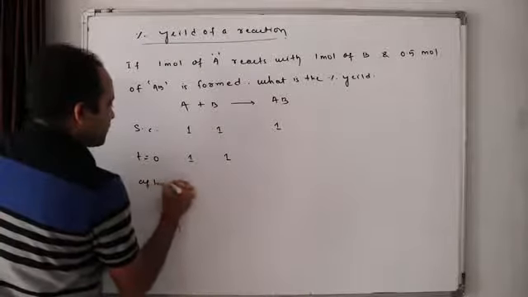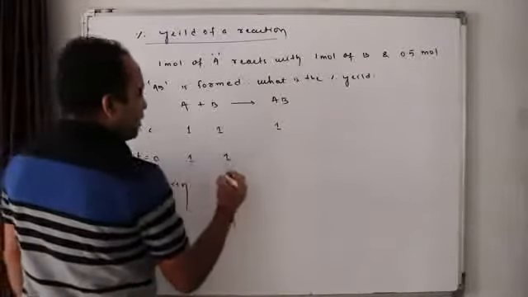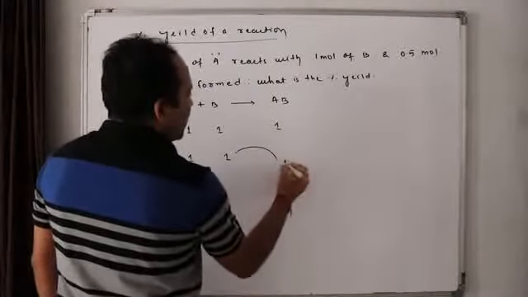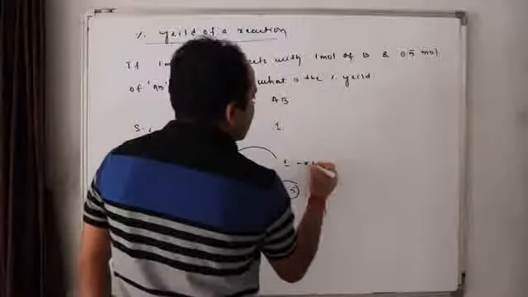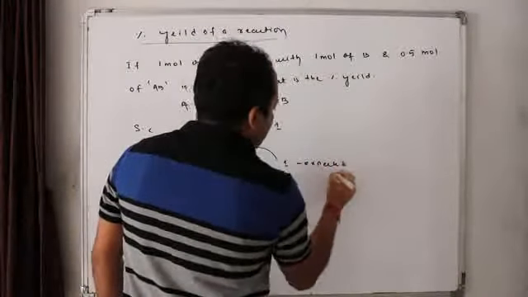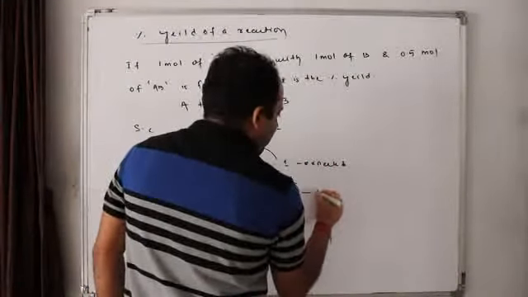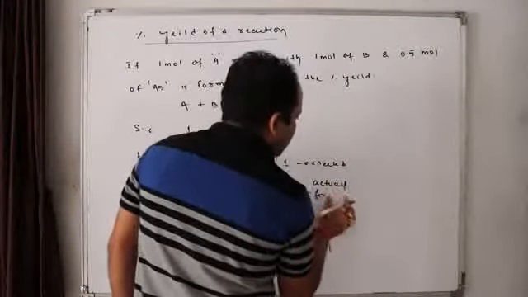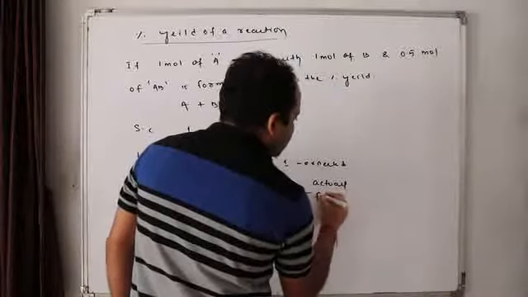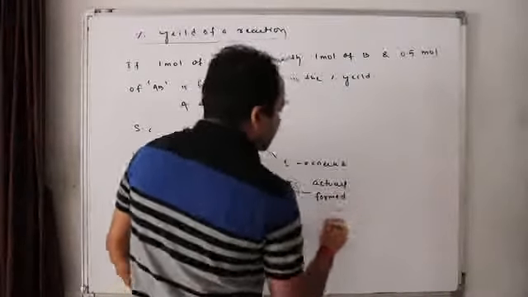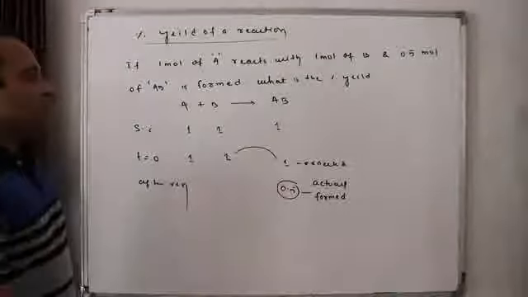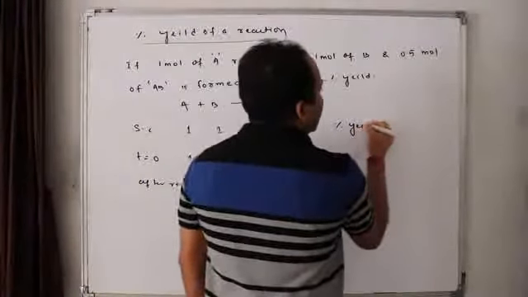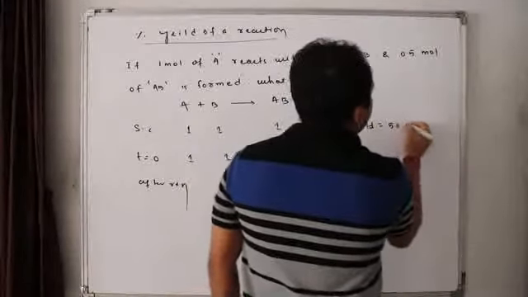After reaction कितना हो गया? ये 0.5 मोल बना. एक्सपेक्टेड मोल कितना है? 1. This is expected and this is actual formed. So what is the percentage yield? So percentage yield is equal to 50%.